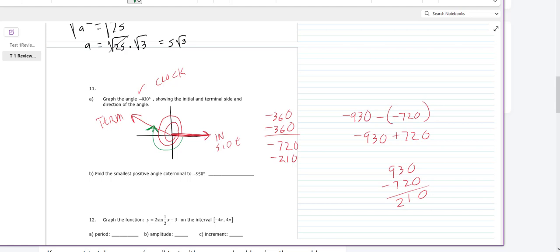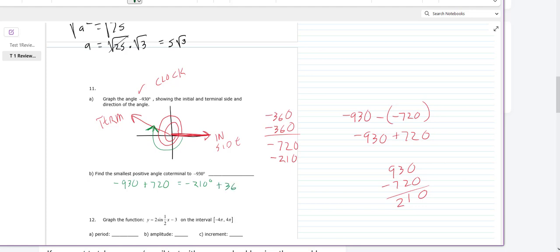Okay, all right. Smallest positive coterminal angle. What you can do on this is keep adding 360 to it until you get a positive number. If you did like I did over here, negative 930 plus 720, that gave you negative 210 degrees. We did that previously.